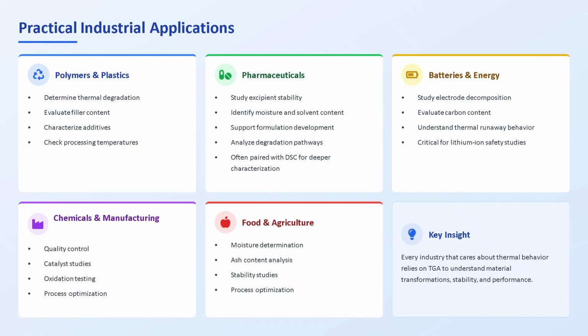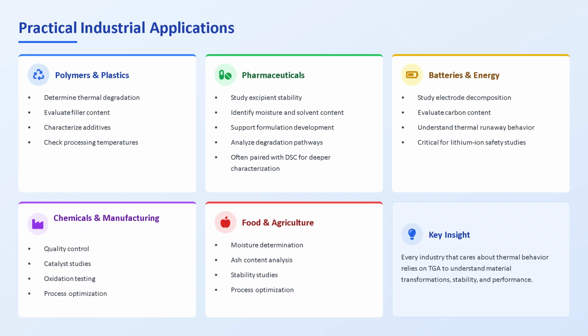TGA has become a standard tool across industries because it answers real, practical questions. In polymers and plastics, it helps determine degradation limits, additive content, and safe processing temperatures. In pharmaceuticals, it reveals solvent and moisture content, supports stability studies, and helps analyse degradation pathways, often alongside DSC.